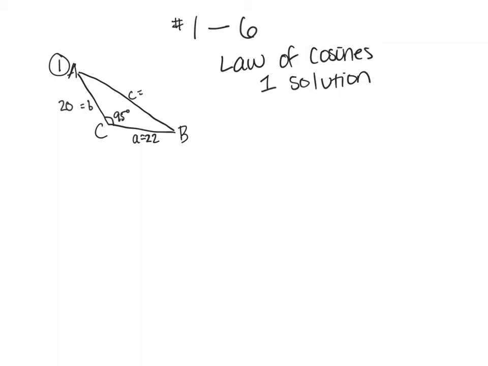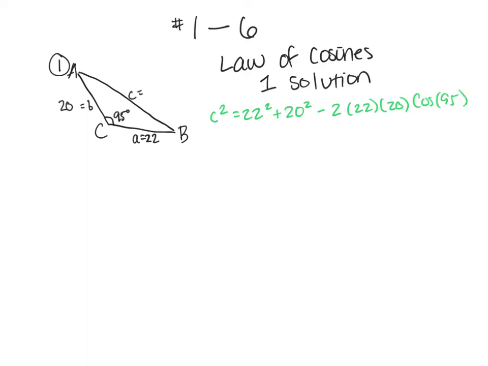First step, I'm going to solve for side length C because that's my last side length and I already have my angle C. So I'm going to be using C squared is equal to 22 squared plus 20 squared minus 2 times 22 times 20 times cosine of 95.